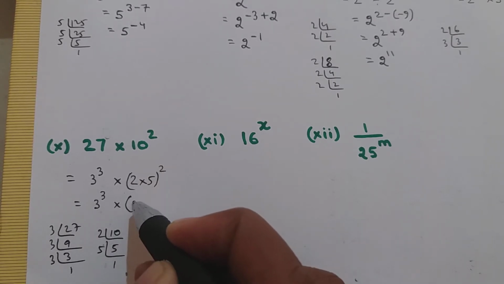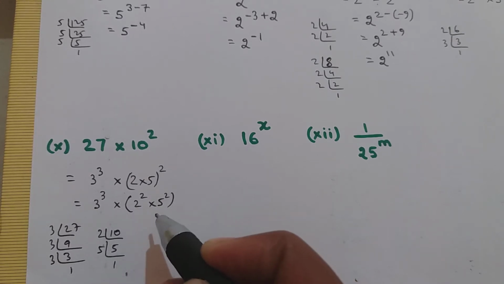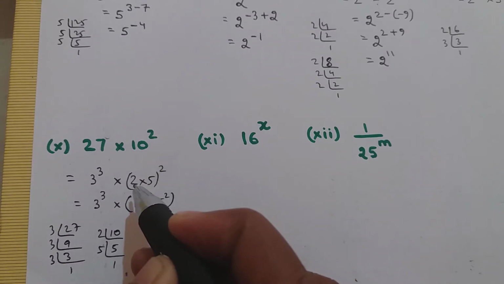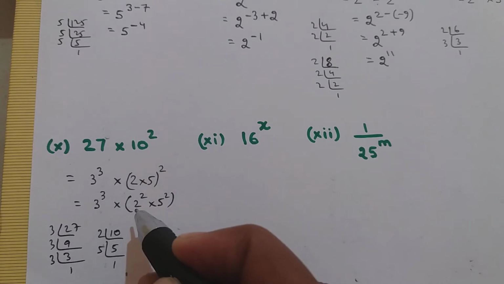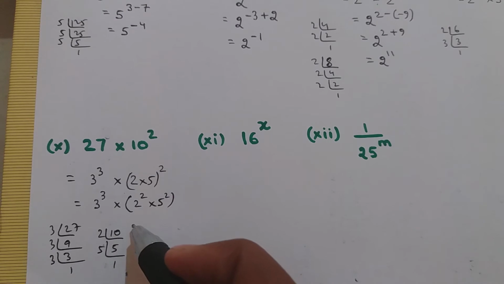So I can write it as 2 raised to the power 2 into 5 raised to the power 2.